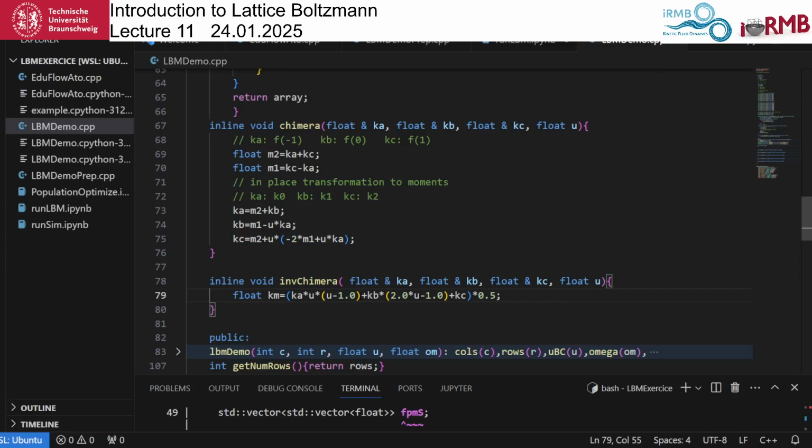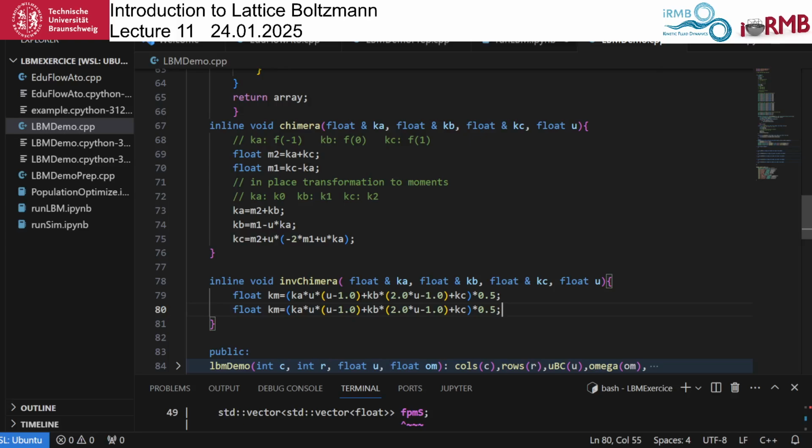So, and now we see that it is the same thing, just with different signs. This is why I'm going to copy this. The same thing, just with different signs. So this is here plus, and they will be plus here.